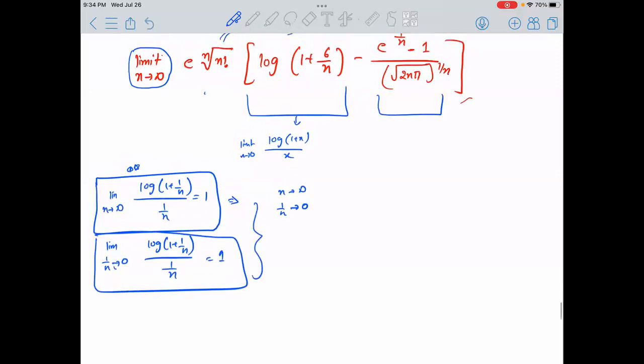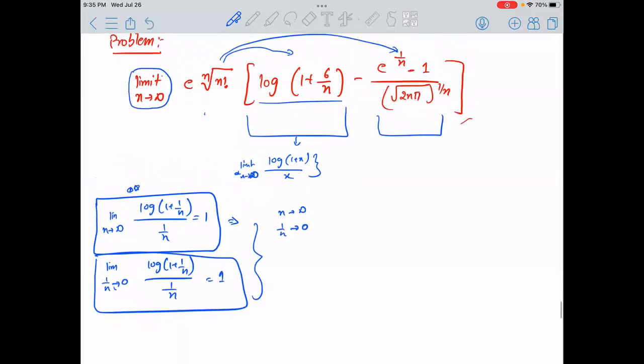Yes, sir. So we can convert this into like this. But the problem is 1 by n tends to 0 and n tends to infinity. Are you getting this? Should I elaborate it? Okay. Then the same thing follows here also: e power x minus 1 by x.